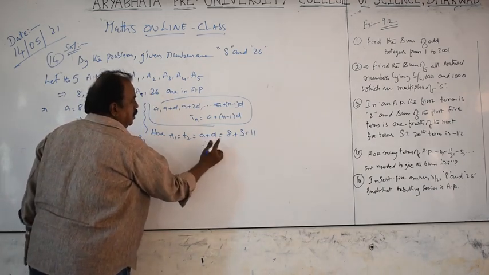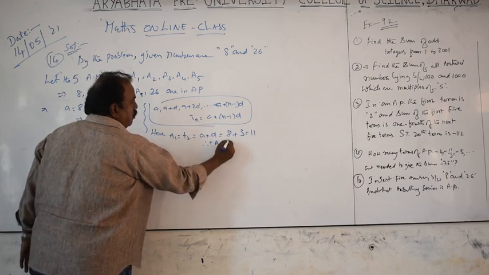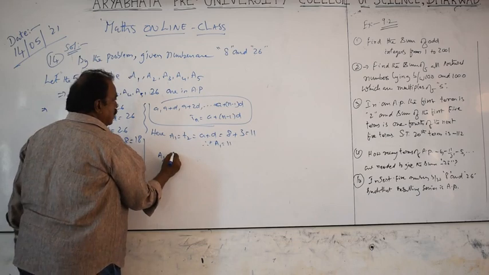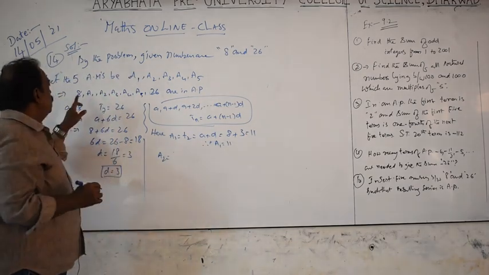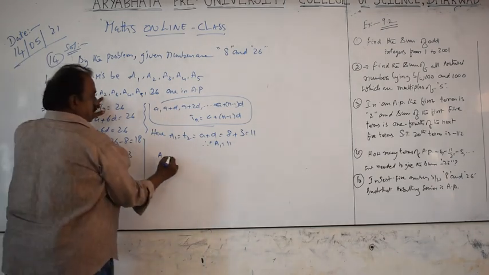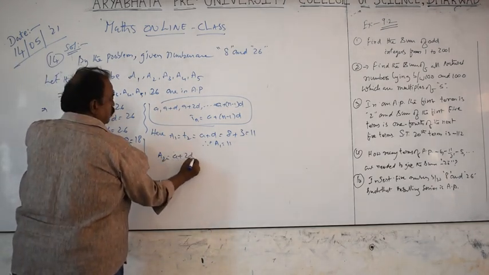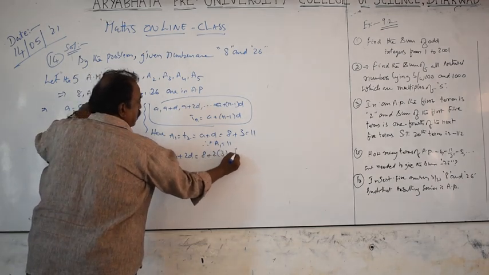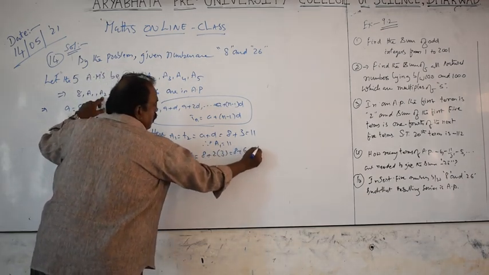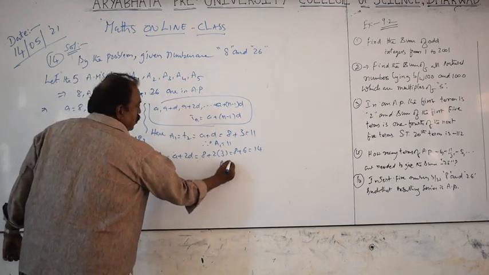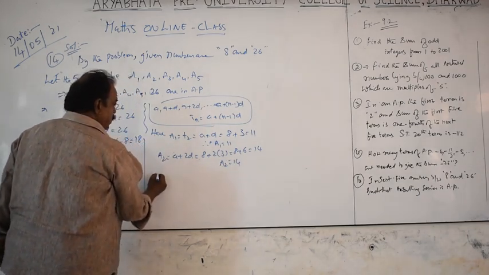Therefore, capital A1 is 11. Next, A2 means the third term, first, second, third term. A2 is A plus 2D. 8 plus 2 into 3, 8 plus 6 is equal to 14. Therefore, A2 is equal to 14.